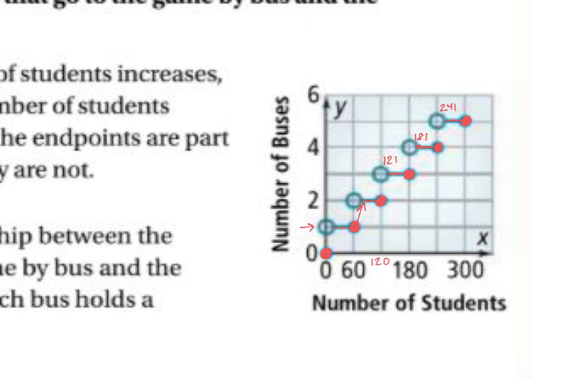So for example, at 4 buses, this endpoint right here is shaded in, right? Because at exactly 240 students, you would still be at 4 buses. But when you jump to 5, only at 241 do you need an extra bus. Okay? So that point, 240, is going to be an open circle when you jump to 5 buses.